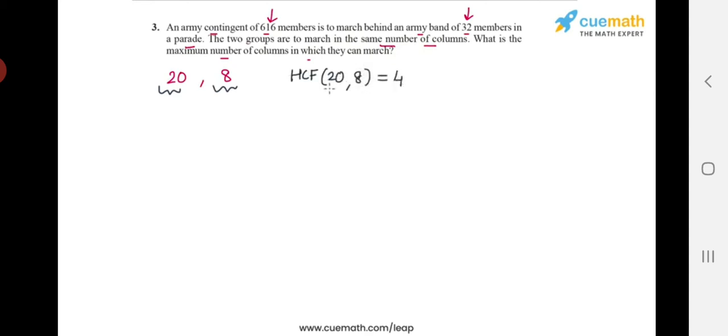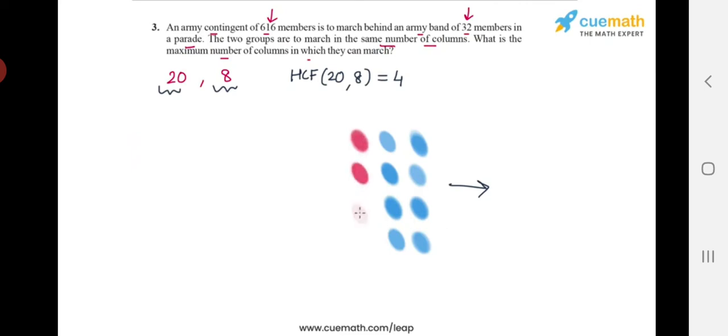So we can organize the 8 band members into 4 columns like this. I'm assuming that they are marching in this direction. So these are the 8 band members, and behind these 8 members we can organize the 20 army men into 4 columns.